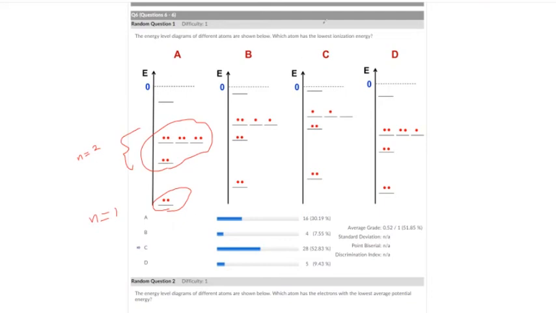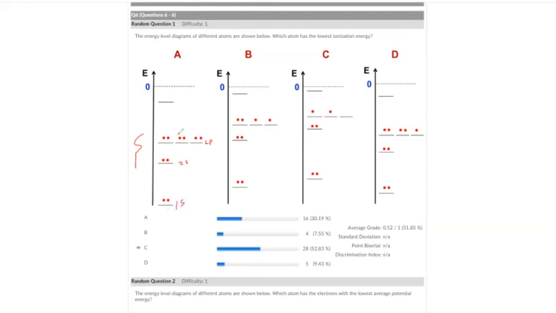If you remove an electron, it is no longer attracted towards the nucleus, and as a result, the potential energy of that particular electron will be 0. So if you want to ionize an electron from the n equals 2 shell, and this subshell has to be 2p, this is 2s, and this is 1s.